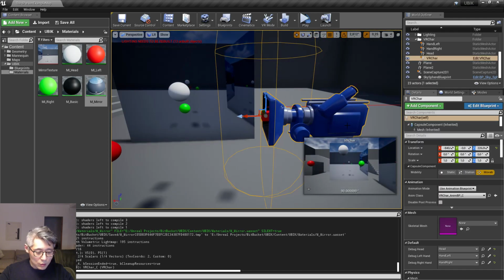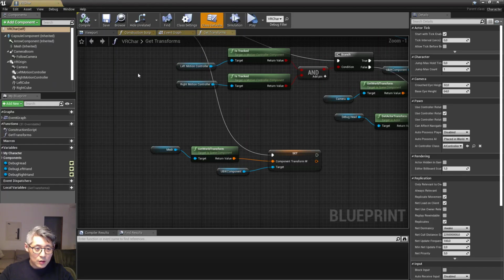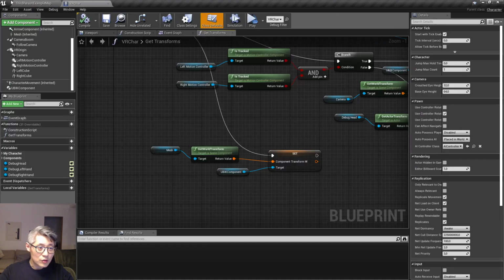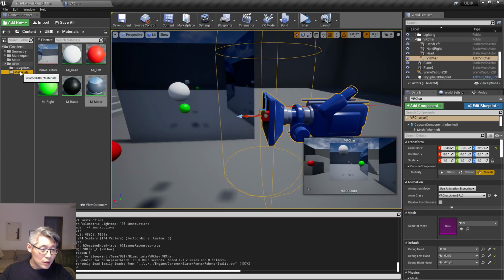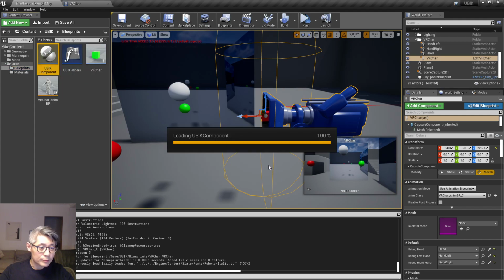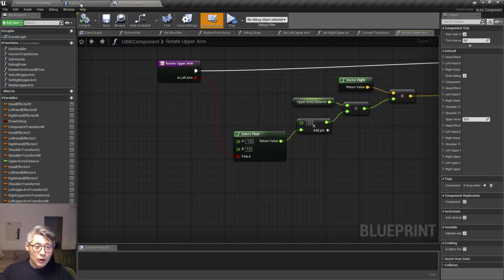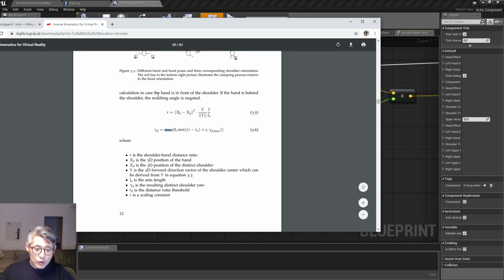Okay, so I want to go inside the component. Actually, that's not the component. This one. And actually, let me just return to the paper here.